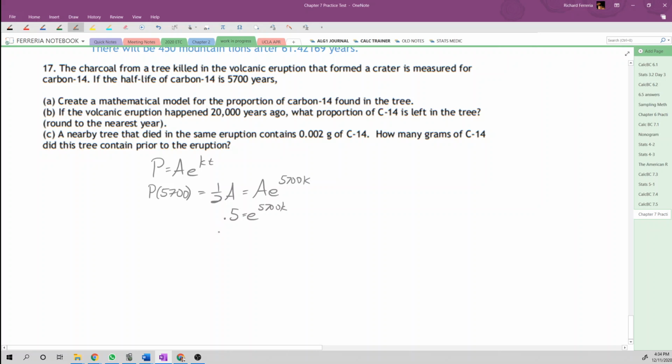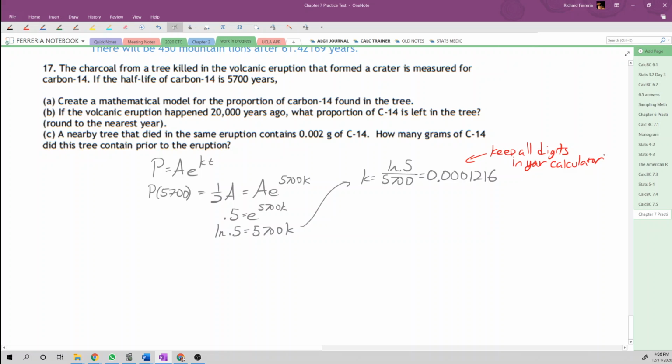Natural log on both sides, and then divide both sides by 5,700. So k is equal to the natural log of 0.5 over 5,700. Let's get a number for that. We get 0.00011216.